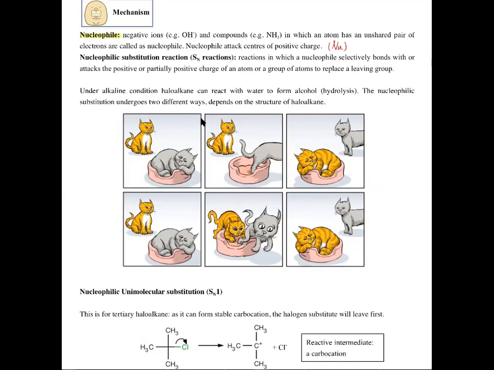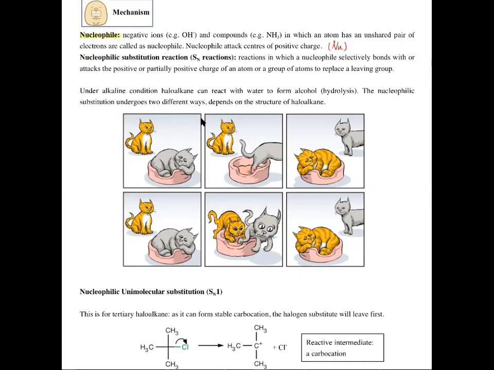But for the second one, you can see it's due to the orange cat coming in that pushes the gray cat out. So to form this reactive intermediate, it involves two molecules participating in this stage. So that's the difference.